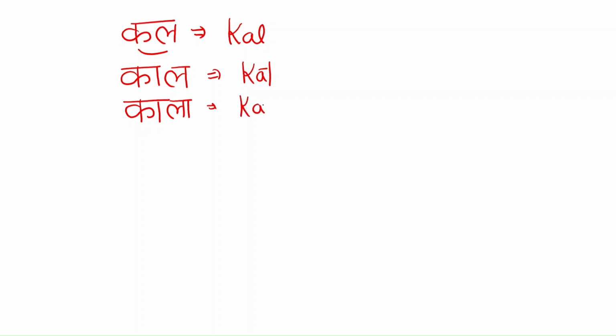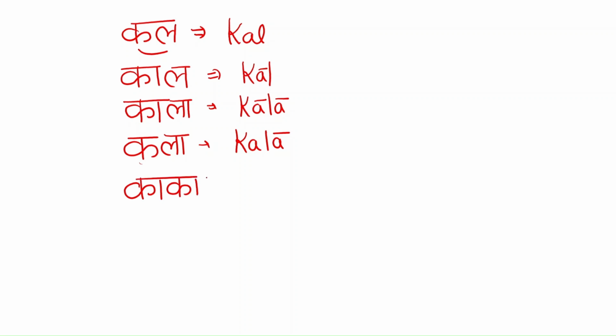It is kala. K single, le with the vertical bar, kala. K with the vertical bar, kaka. All these words are real words. Le with vertical bar and again a l. Lal.